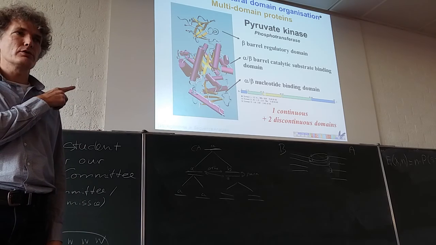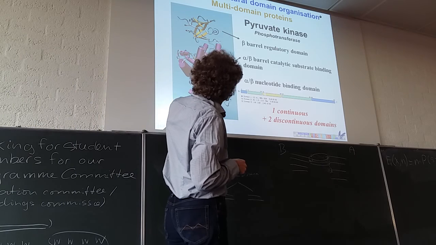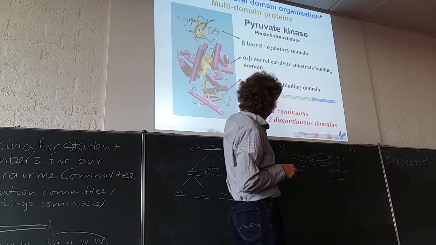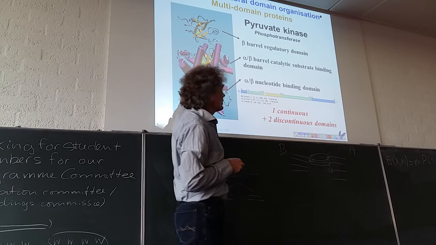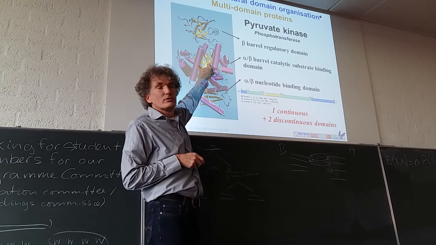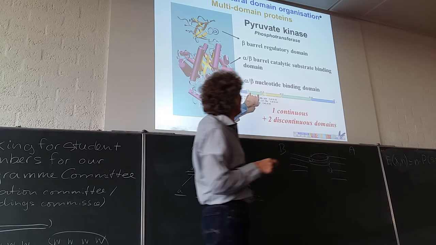In the structure it's easy to see the small domain at the top, the big catalytic domain in the middle, I think, and then the nucleotide binding domain at the bottom. This domain is actually 2 parts in the sequence, and then the top domain is actually the outer part.